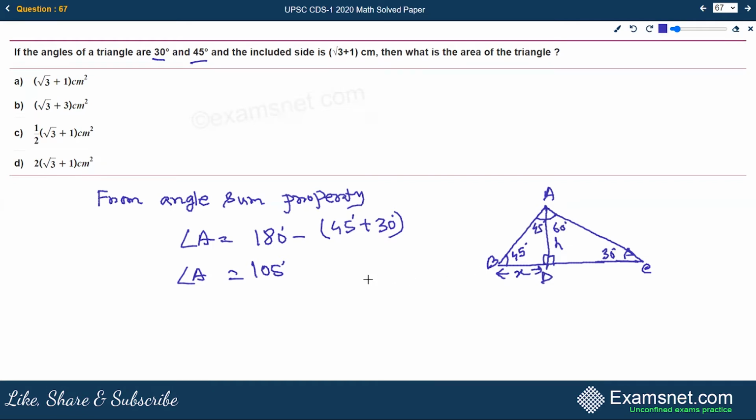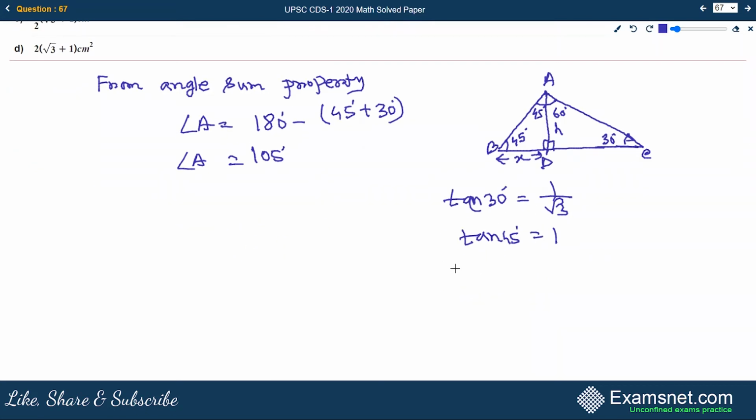Now, in order to solve this question, we are going to use some concepts: the value of tan 30°, that is 1 by root 3, also tan 45°, that is 1, and the formula of area of triangle. Area of triangle formula is half into base into height.